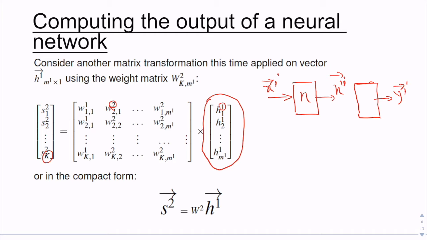But I haven't finished here because we only applied the linear transformation. Keep in mind, when it comes to neural networks, you have one linear matrix transformation followed by a nonlinear transformation. Here we also need a nonlinear transformation, but for now there is only a linear matrix transformation. The output of the last hidden unit, H1 here because we have only one hidden unit, is multiplied by the matrix W2, and then we get S2.